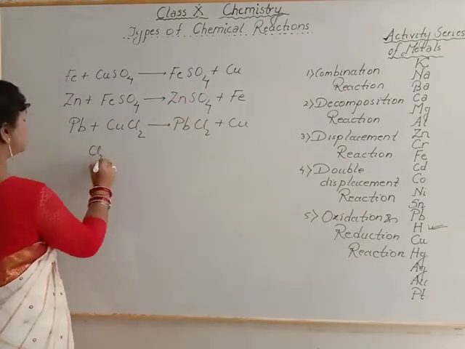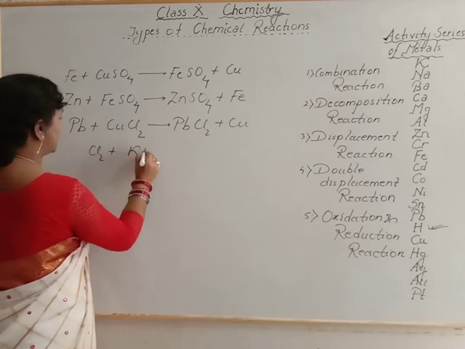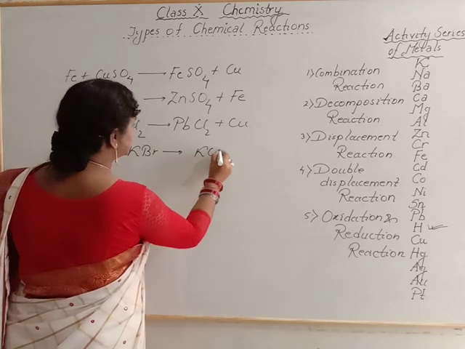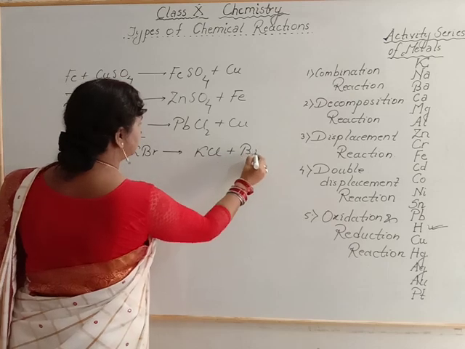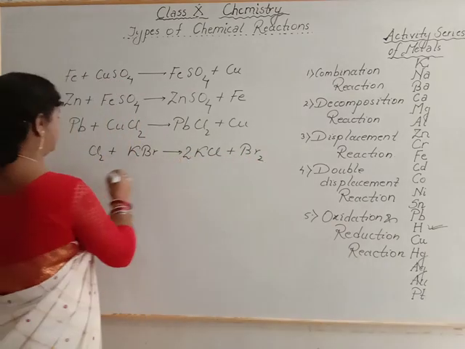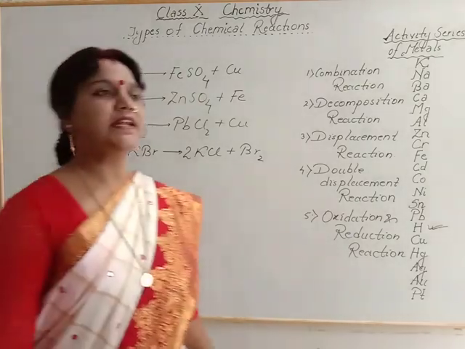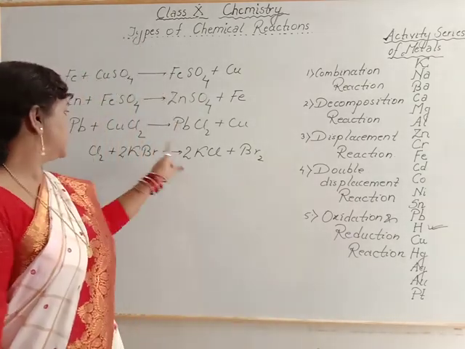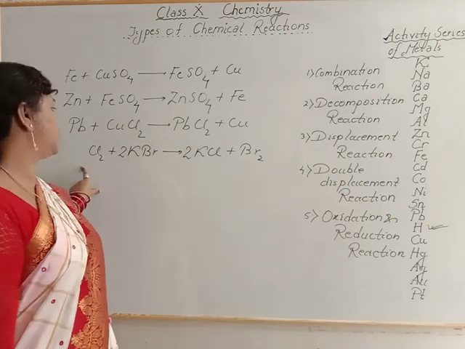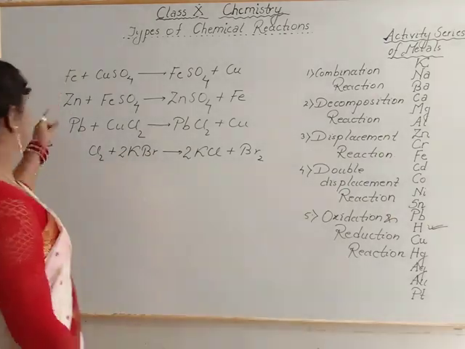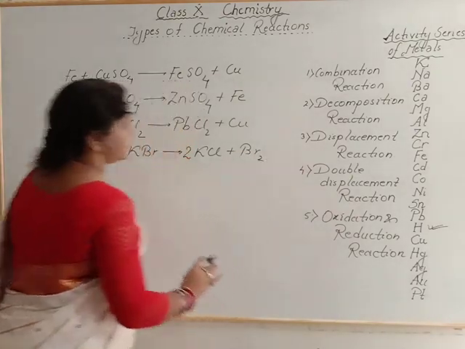So Cl2 plus KBr. What will happen? We get KCl plus Br2. So chlorine can replace bromine. So chlorine is more reactive than bromine. So this is an example of displacement reaction.